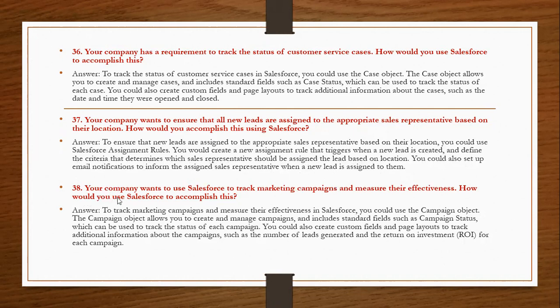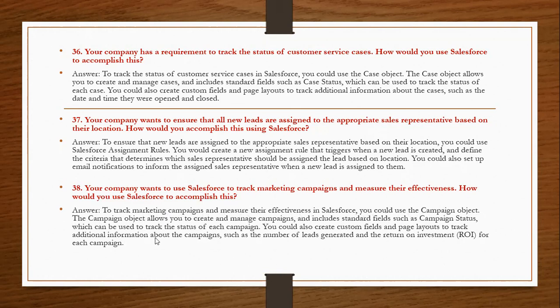Next question. Your company wants to use Salesforce to track marketing campaigns and measure their effectiveness. How will you use Salesforce to accomplish this? To track the marketing campaigns and measure their effectiveness, you could use the campaign object.